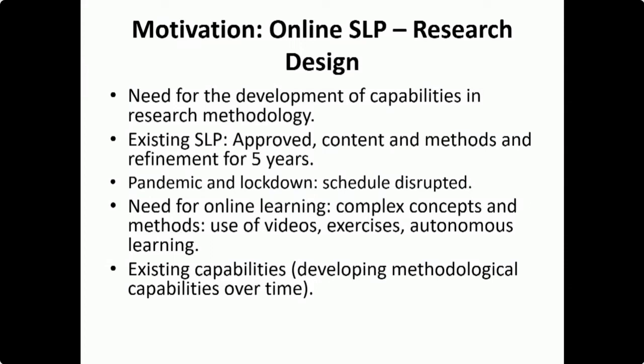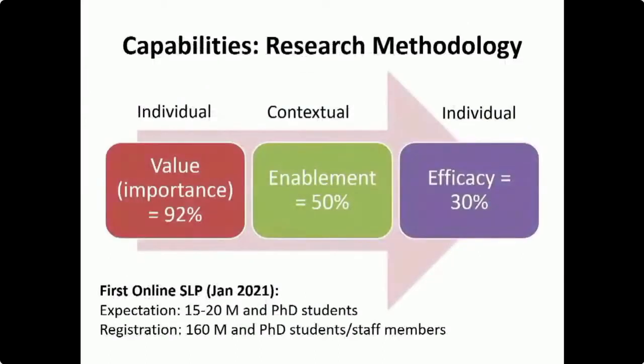And then on the other hand, we have existing capabilities, because for the last 10 years, we have been developing our people really in methodology and in statistics and so on. So this was the opportunity to use also the capabilities of people and to develop it further. Now, on this slide, you will see the 3 components of capability, because you will notice that I use the word capability quite a lot.